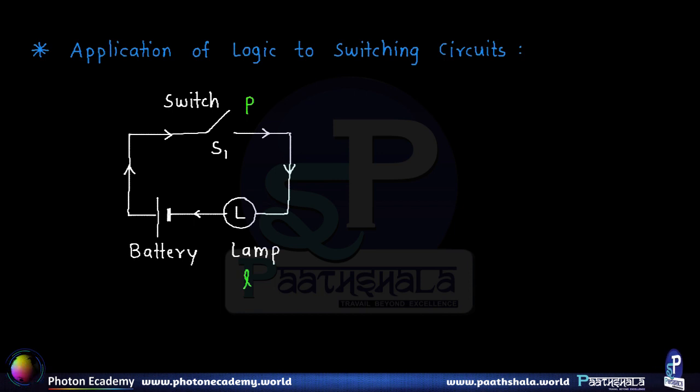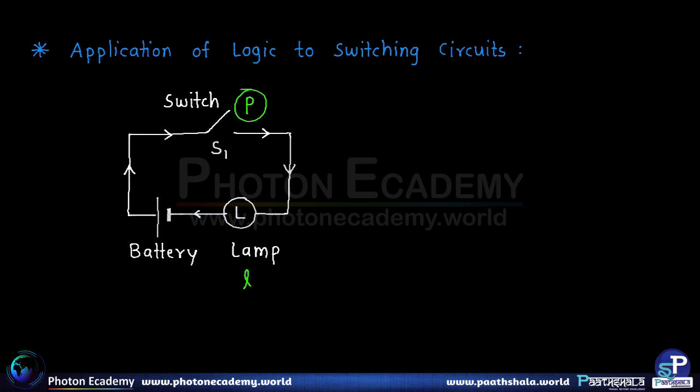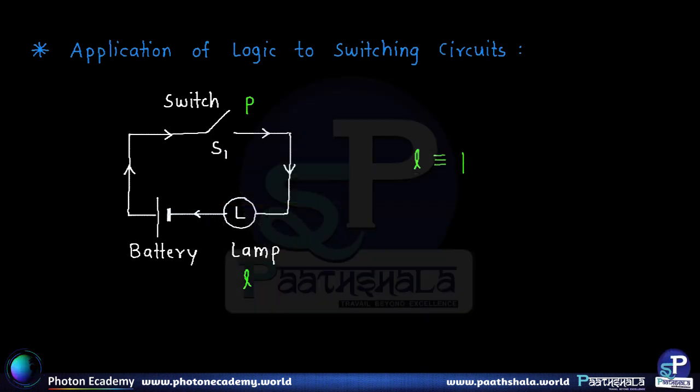So closing of the switch is represented by the statement P being true, and opening of the switch means the statement P is false. So clearly when P is true, the lamp will glow, and when P is false, the lamp will not glow. So that means the lamp state will directly be dependent on the state of the switch, that is P. Okay, so this is the simplest representation.